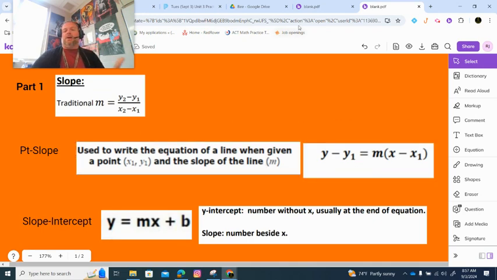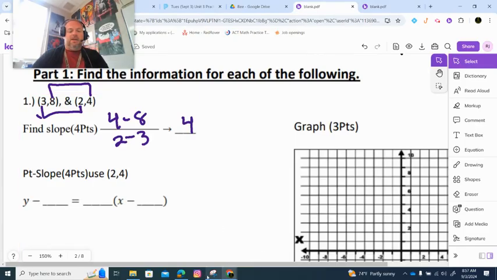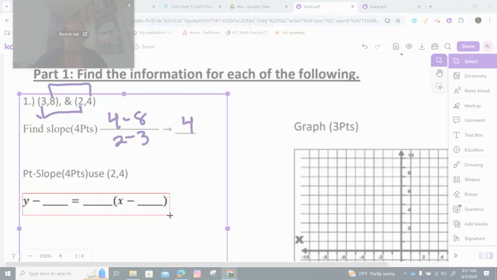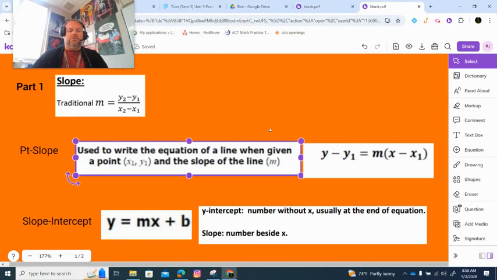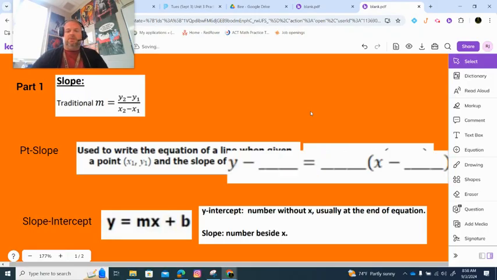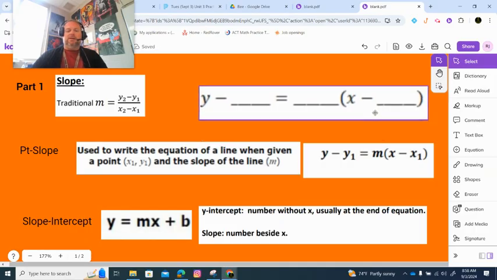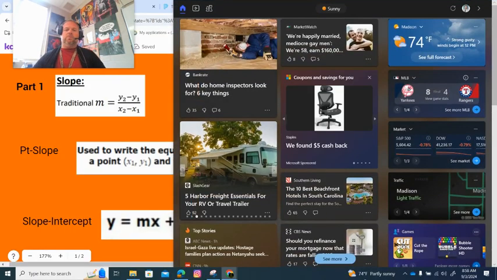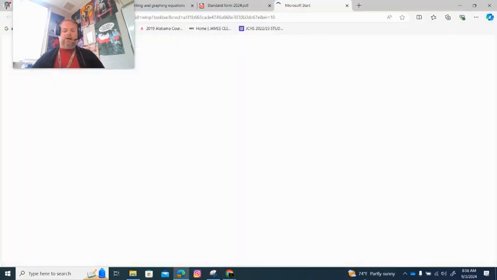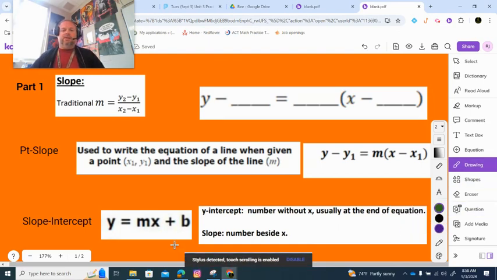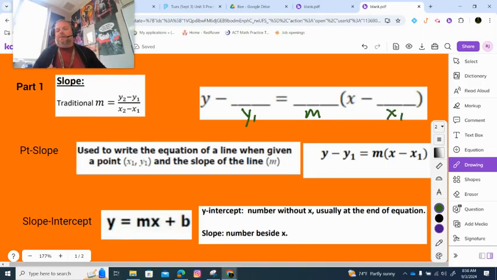If you needed to, you could write a little extra note for point slope on your orange sheet. Our Y1 goes here, our M goes here, our X1 goes here.